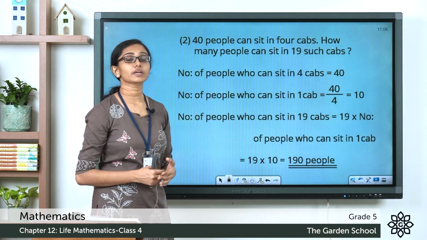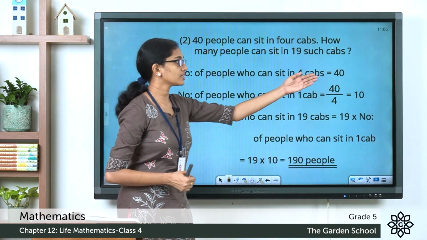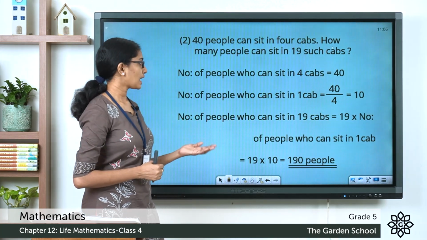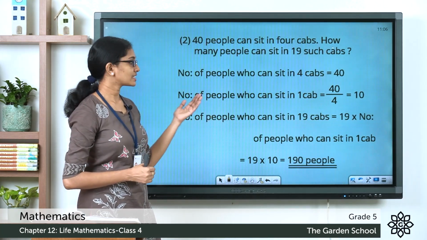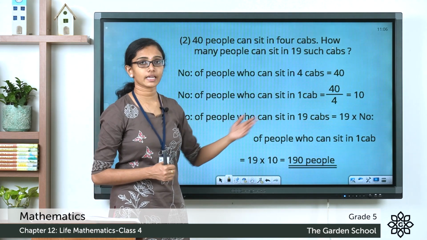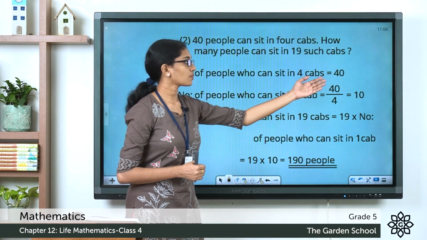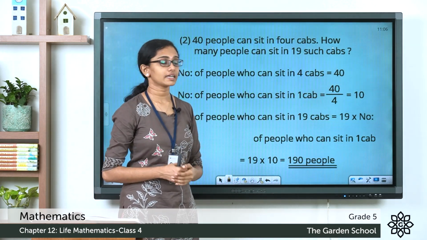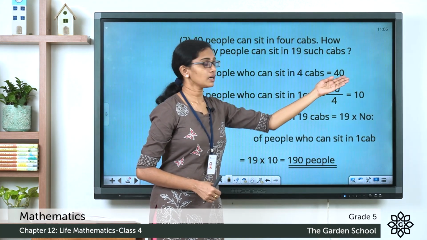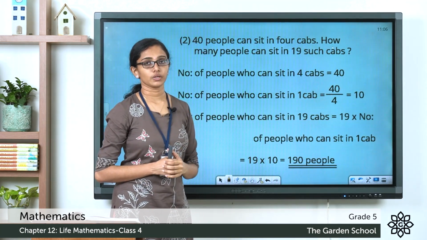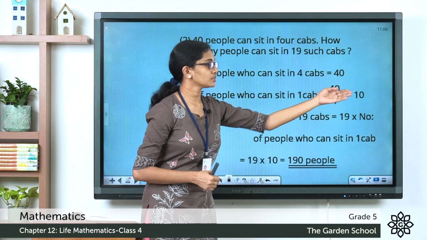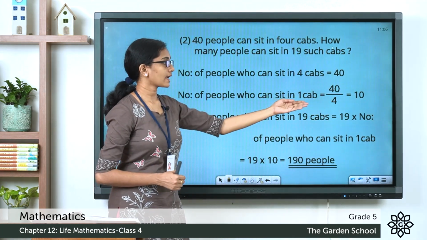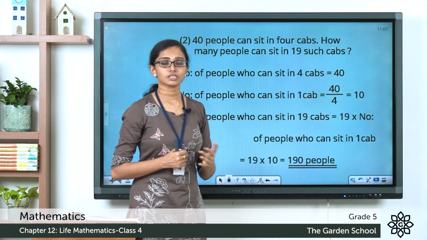See, number of people who can sit in 4 cabs is equal to 40 people and from that we can find out the number of people who can sit in 1 cab is equal to 40 divided by 4. That is the total number divided by the number of units. So 40 by 4 is equal to 10. So in 1 cab 10 people can be seated.